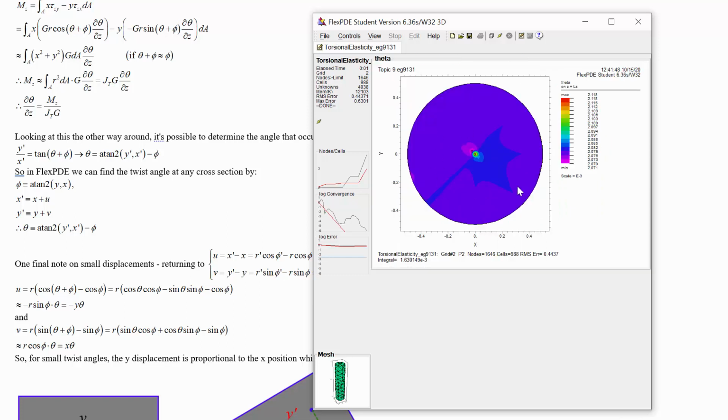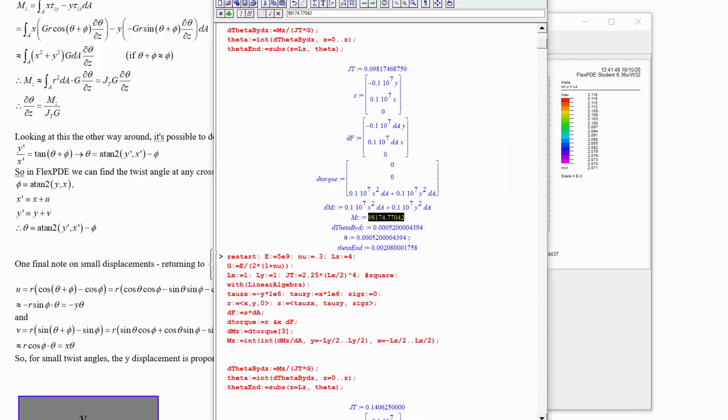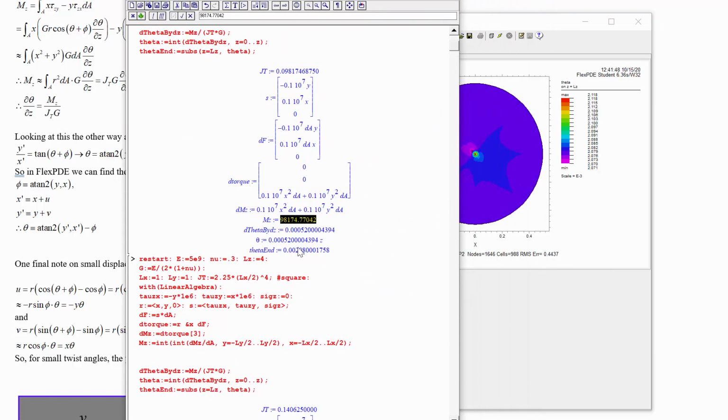Still, for most of the rest of the surface, we have a pretty uniform twist angle of 2e minus 3, 2.07 to 2.1. How does that compare with what we got in Maple? Pretty close. 2.07 to 2.1. That looks like it's right in the right range for what we had for this theta that we should have at the end of the thing.